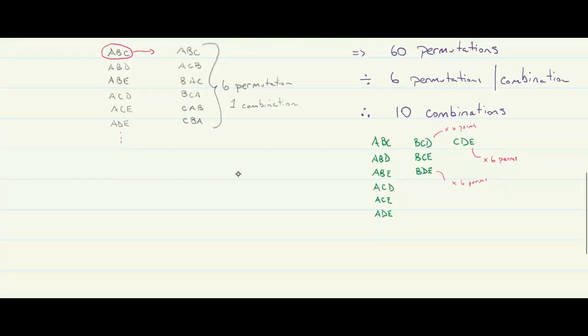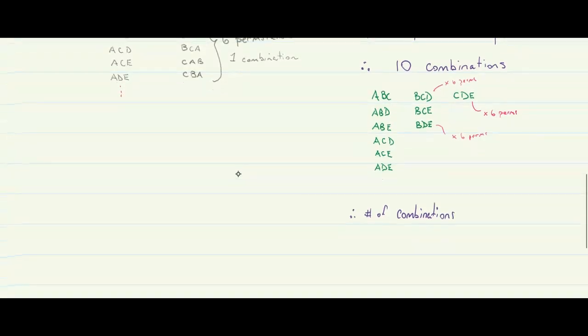So we would say that the number of combinations in factorial form would be 5.